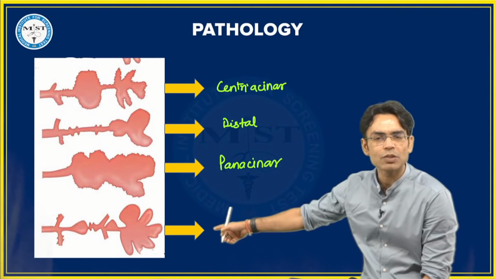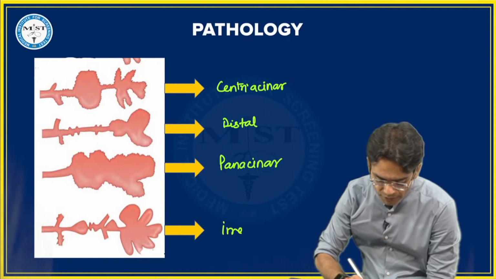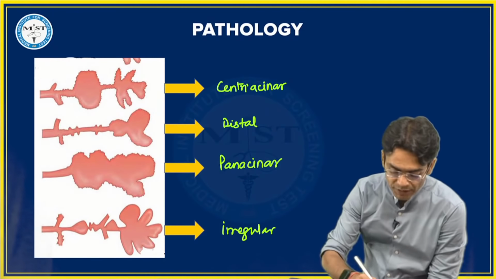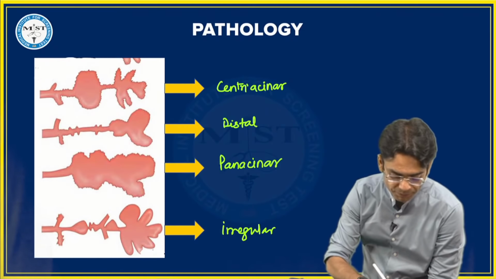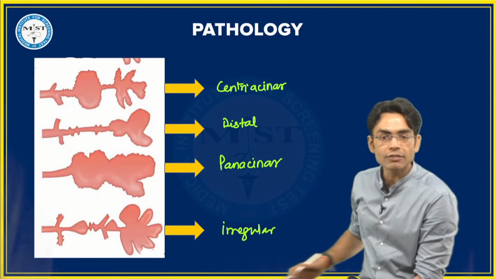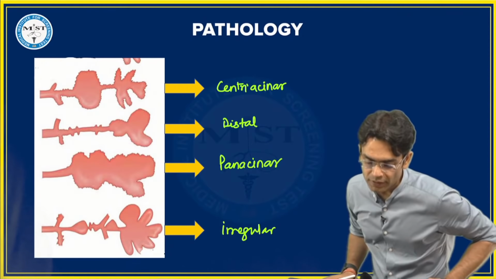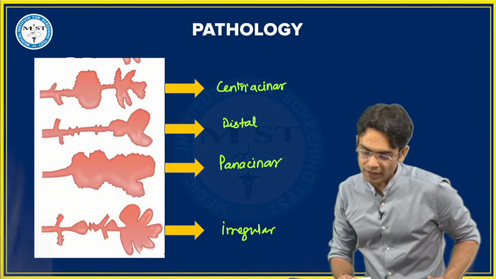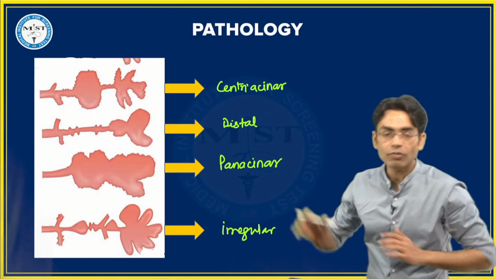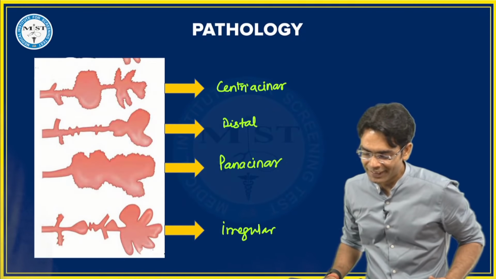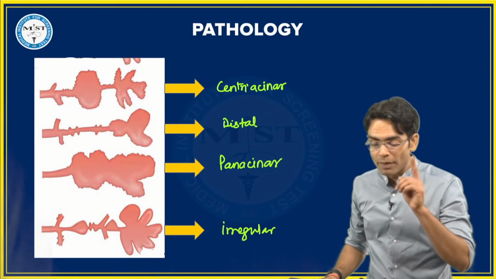And this last one, beta, this is irregular, which is not seen just like that. It is on the microscope that we see that. Which is the most common among these? What is the most common out of all these four? Tell me quickly, beta. Tell me the most common emphysema out of these four emphysemas. Beta, I am asking the most common emphysema.